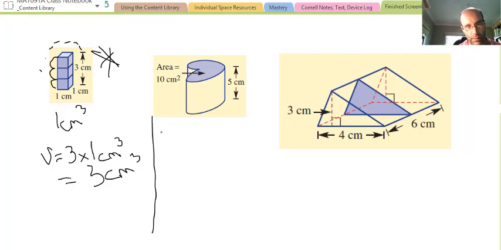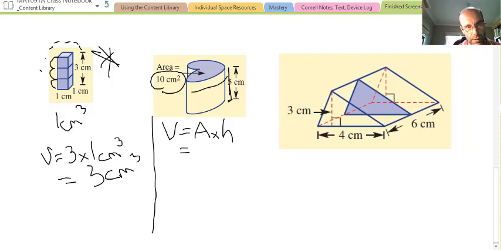Second example is still fairly simple. So we start with our formula, volume equals A times H, cross-sectional area times the height. If you look at it, the cross-sectional area, which is that bit of a love heart shape, the blue shape, is constant all the way through. If you slice along the length of its main axis, you'd have that constant cross section there.